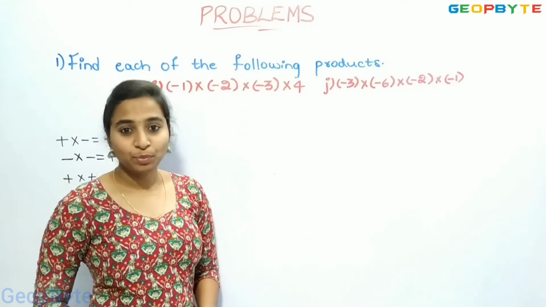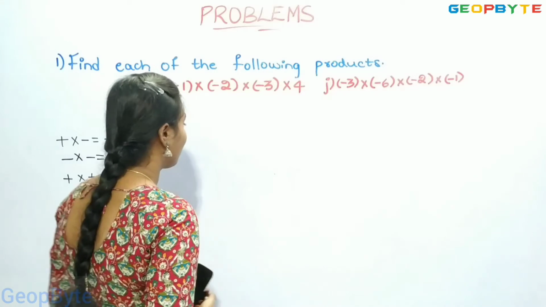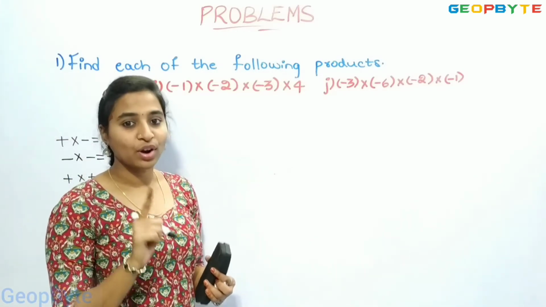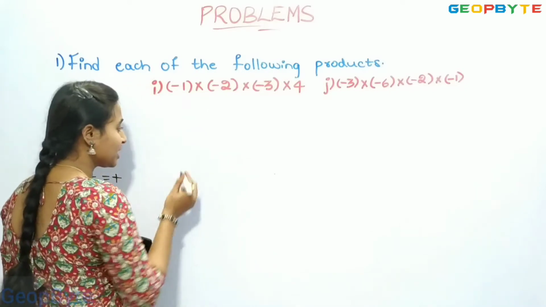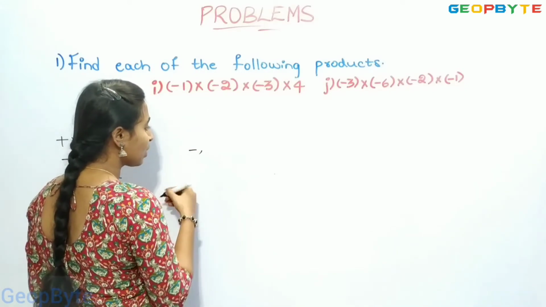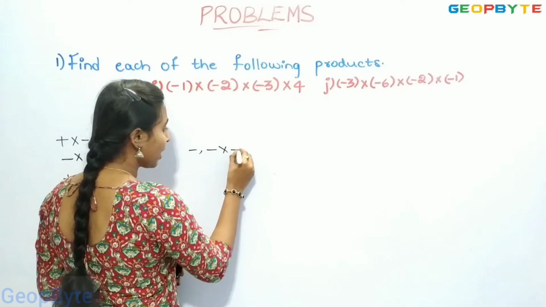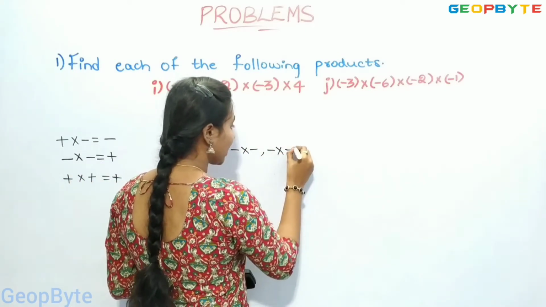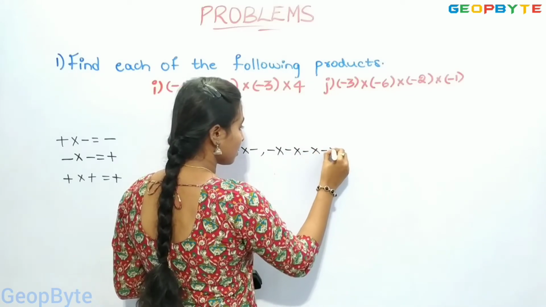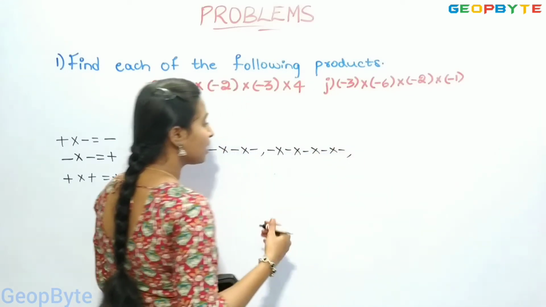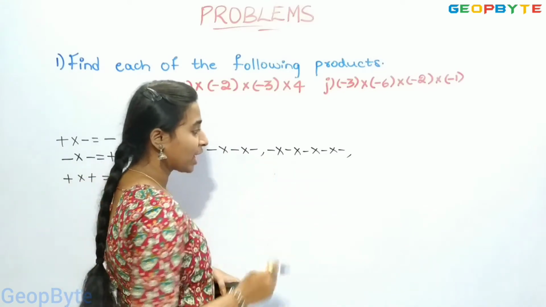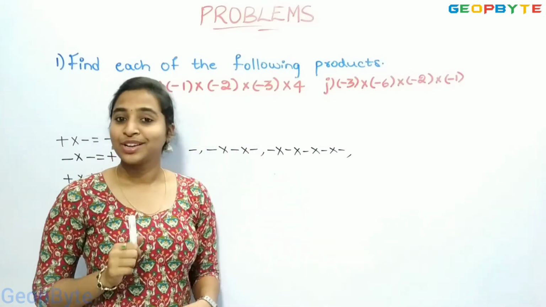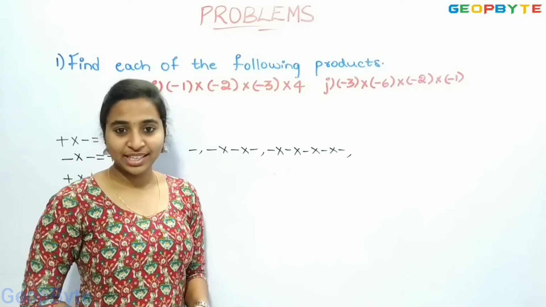Note an important point here: when there is an odd number of minus signs, that is a single minus sign, or 3 minus signs, or 5 minus signs, when an odd number of minus signs are there in a multiplication, the answer comes only in negative integer.